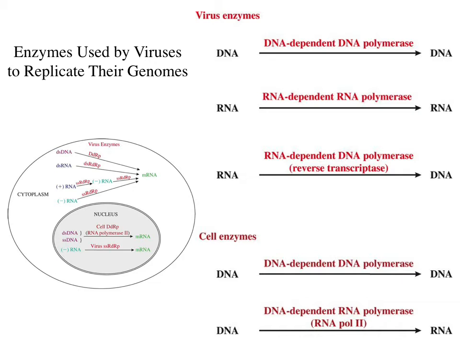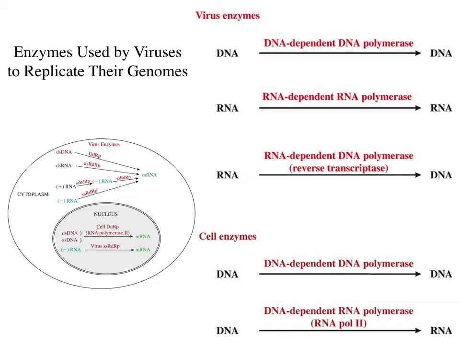Amongst the DNA viruses that replicate in the nuclei of eukaryotic cells, viruses with small genomes use the cell enzyme, while viruses with large genomes, such as herpes virus, encode their own enzyme. Those DNA viruses that replicate in the cytoplasm must encode their own enzyme.